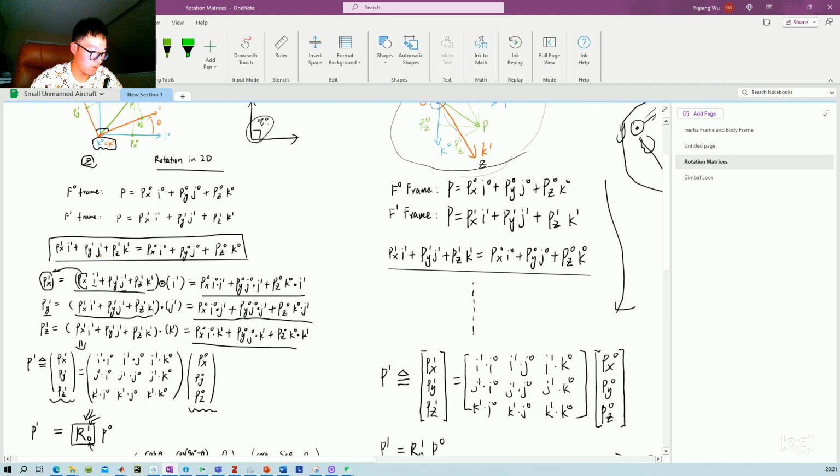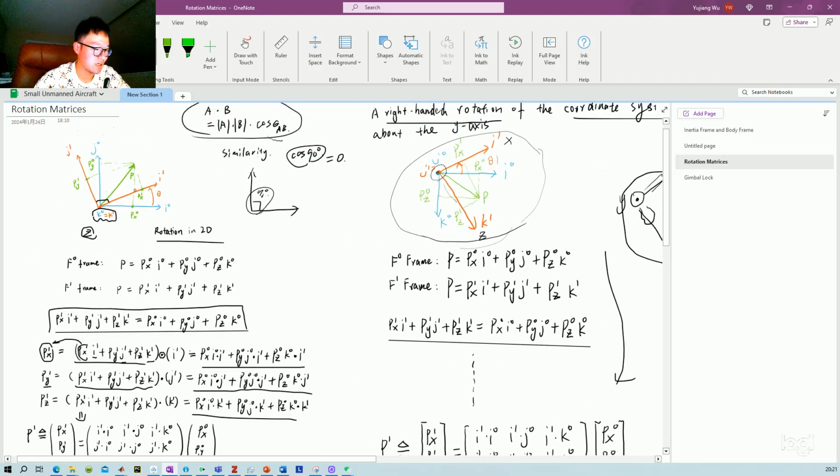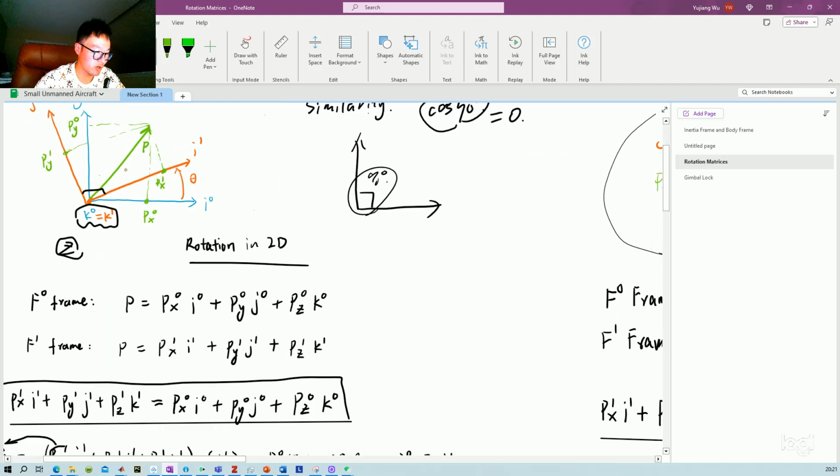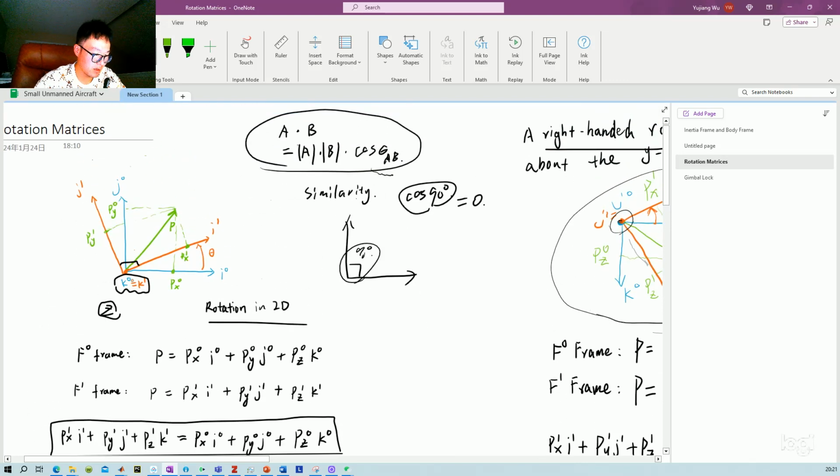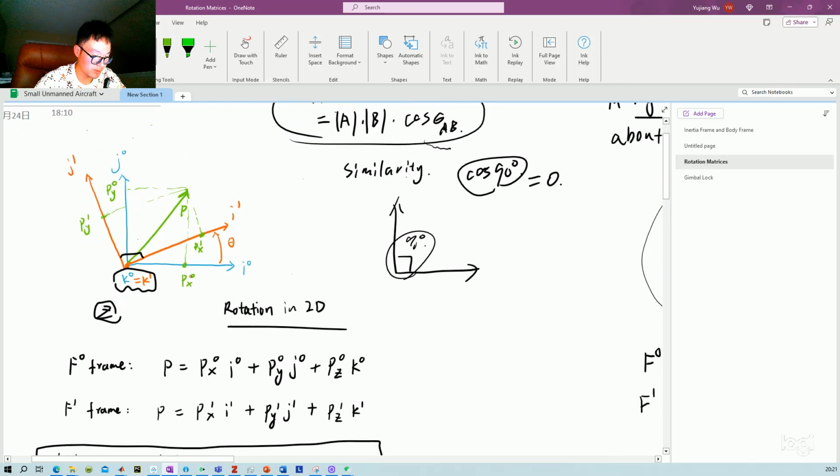But essentially how it is derived is, if we have a vector p here, we could represent it in frame 0 or in frame 1. px0 is the projection on the I0 axis, and py0 is of course the projection on the J0 axis.